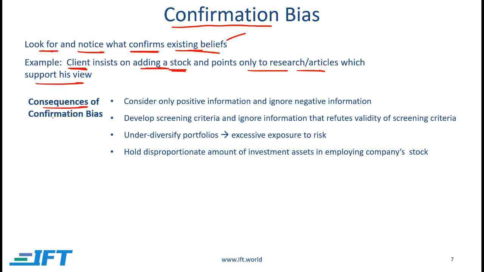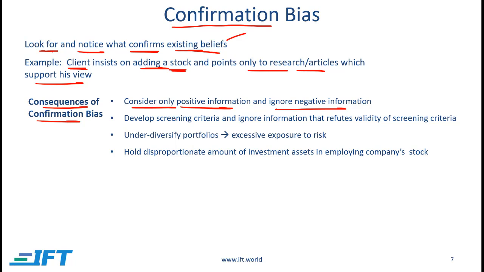What are some consequences of this bias? One obvious consequence is that a person who has this bias will consider only positive information and ignore negative information about a particular investment.